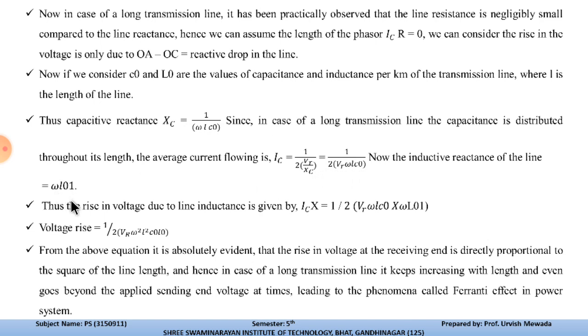Now the inductive reactance of the transmission line is 2 pi F L. We are considering the effect of the capacitor, and L0 is for the inductor, that's why it is L L0.